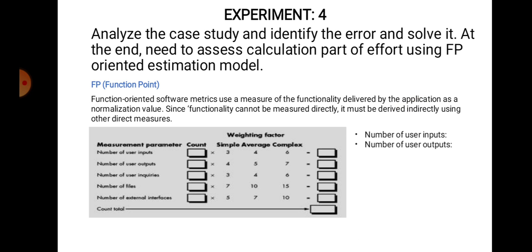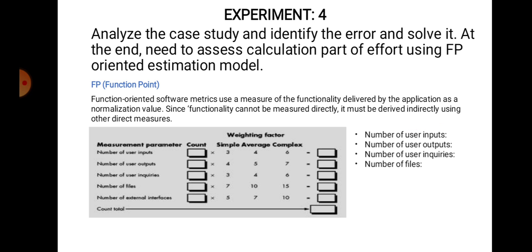In the same way, in the count section we require the number of user outputs related to our product, and we enter the number of user inquiries, meaning whenever we create a product some type of inquiry is generated from the user, like customer requirements. The inquiries based on the customer also count in this weighting factor.